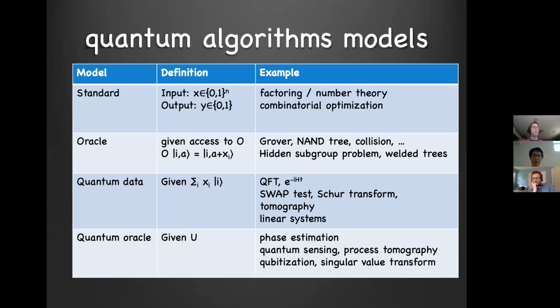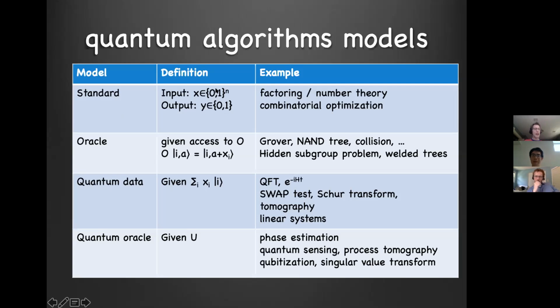But your input is not the whole truth table of 2 to the n entries, how many clauses are satisfied by each of the possible strings. Your input is just a list of clauses, this very succinct input that can then be used to build up the whole truth table.